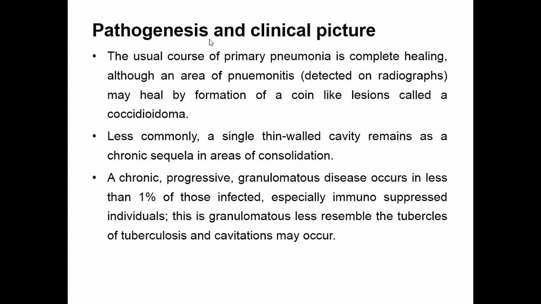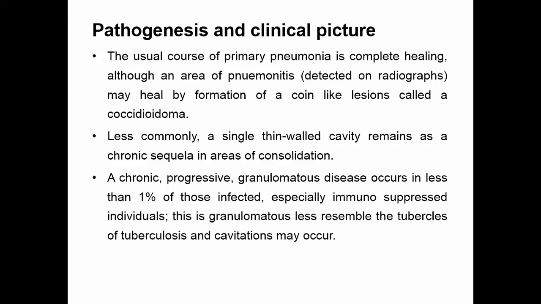Now, what can be the pathogenesis of it? Usually the course is primary pneumonia, and when the pneumonia has healed, there are specific characteristics associated with Coccidioides or a specific strain.